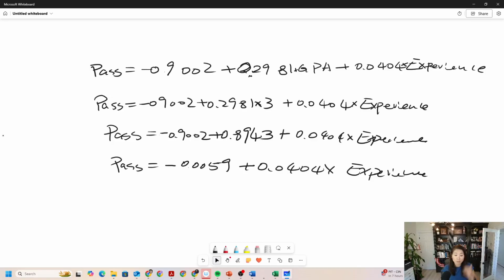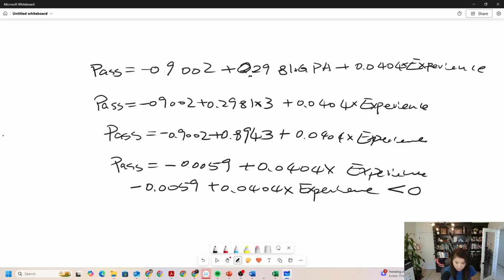Okay, now the question is when this probability of pass will become negative, and when it's going to become larger than 1. To answer that question, we just need to solve these two inequalities. The first one: negative 0.0059 plus 0.0404 times experience smaller than 0. We only have one unknown, the year experience, so you are able to get the value.